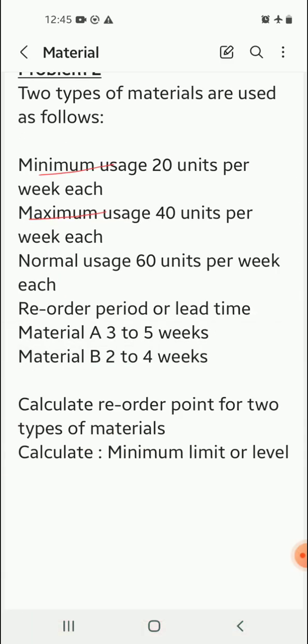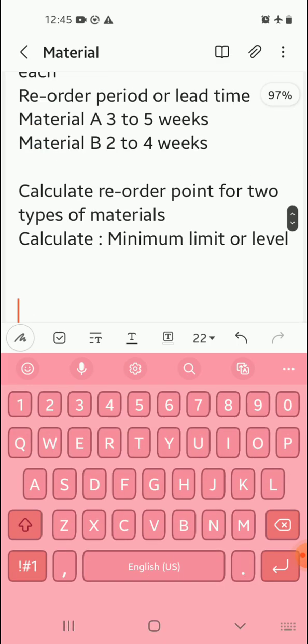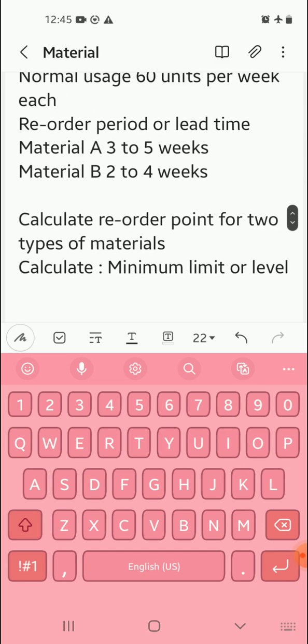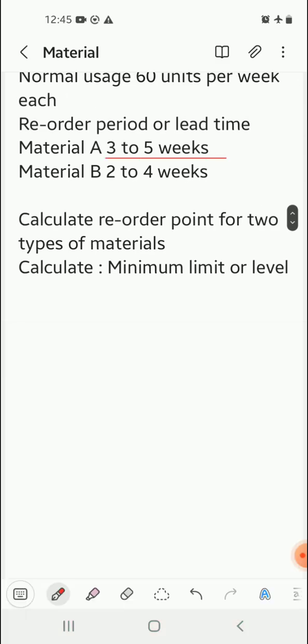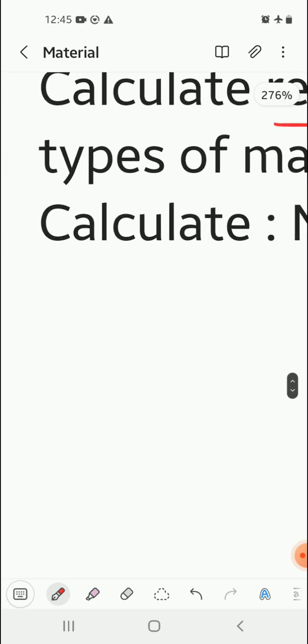Now we have to find out the reorder point. The lead time is also given, that is 3 to 5 weeks and 2 to 4 weeks for material A and B respectively. Now first of all we have to calculate the reorder point.